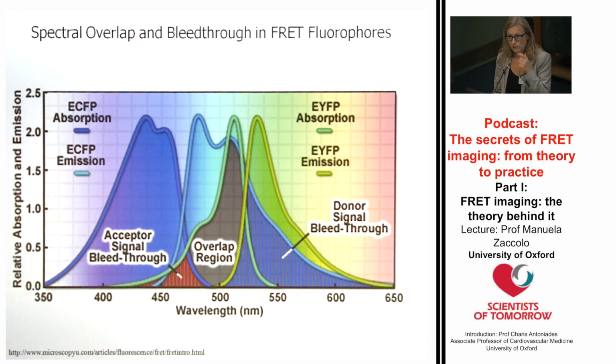So one has to be aware of these contaminant signals, because the signal that you collect in the YFP channel, due either to direct excitation or to bleed-through of the donor into the acceptor channel, is independent of any FRET. It will contaminate your overall signal, and in particular, if you have low FRET efficiency, you may have problems in detecting your signal from the noise.